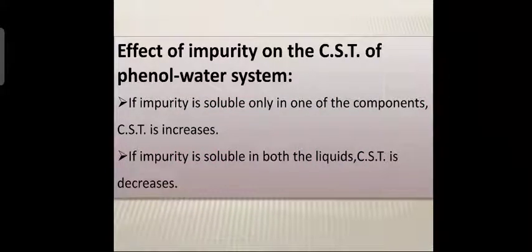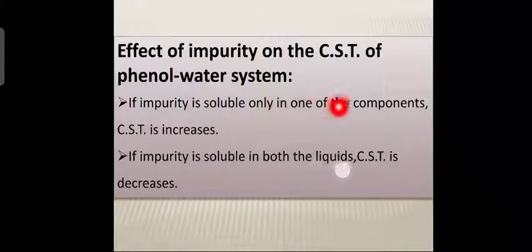Okay. Next slide. Effect of impurity on the CST of the phenol water system. If the impurity is soluble in only one of the components, CST increases. For example, sodium chloride is soluble only in water, it is not soluble in phenol.